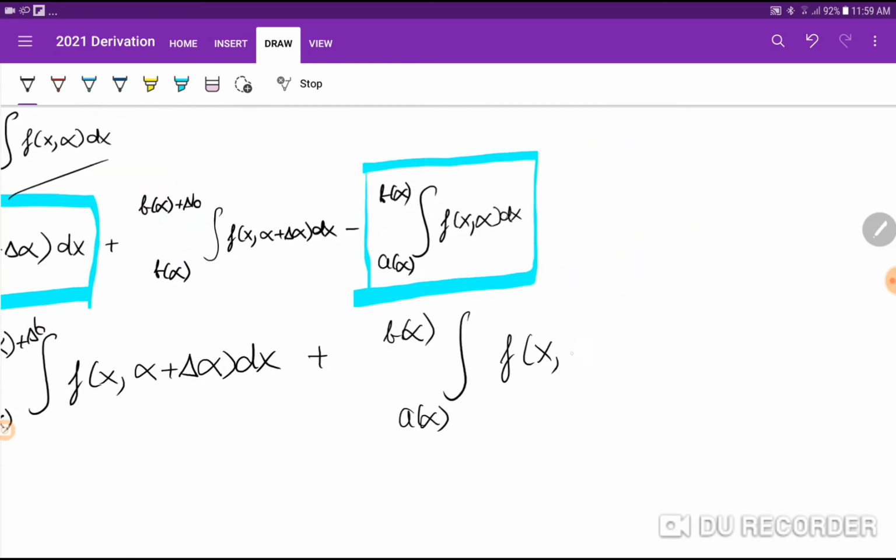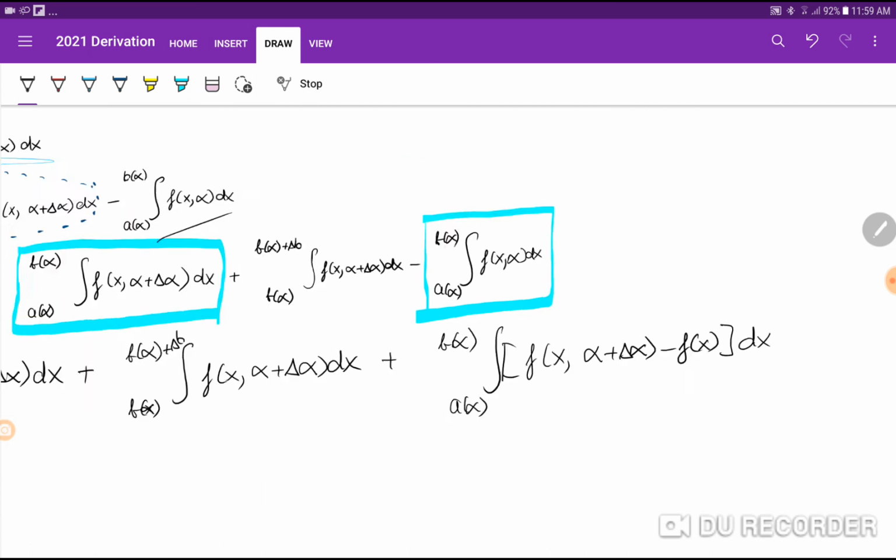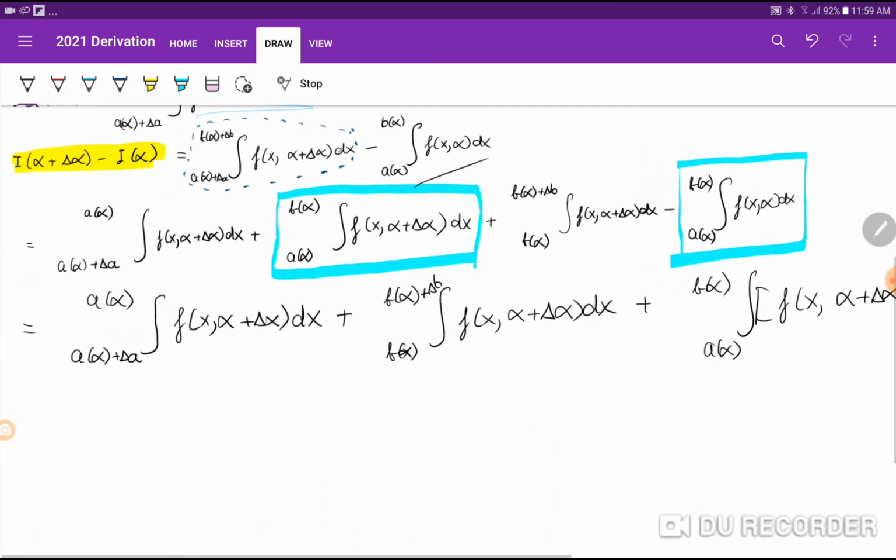Now I'm gonna change the sign a little bit here. If you want to change the boundary, you just change the sign.